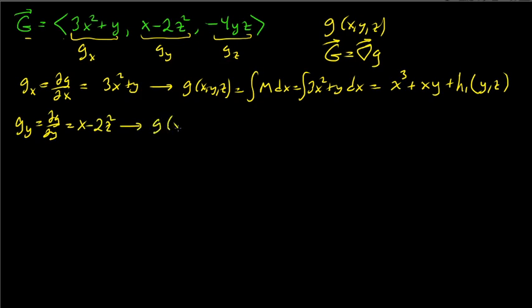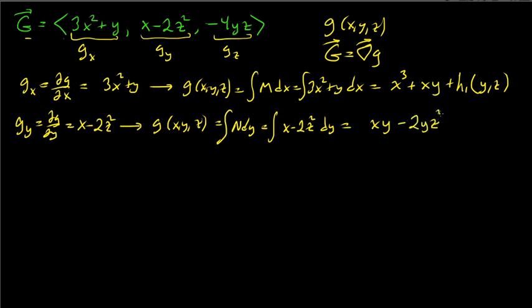Right? So to get your potential function, we're going to integrate n, but with respect to y now. So x minus 2z squared with respect to y is going to be x times y minus 2yz squared. And then plus any function that doesn't depend on y.